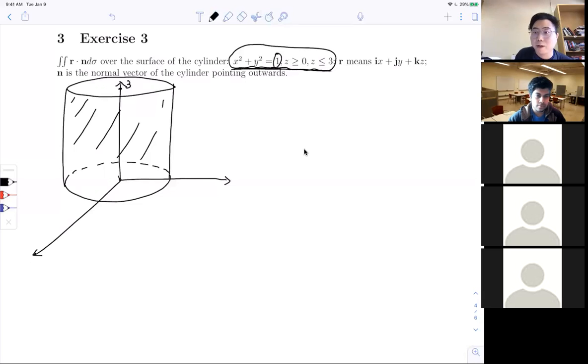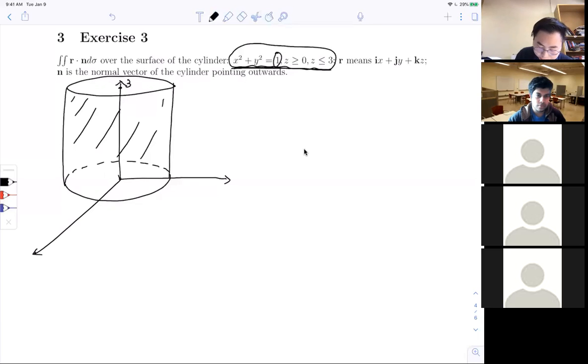Exactly right. For any point on the disk, x squared plus y squared is smaller than 1, so it's not on this surface. Oh, right. It's kind of tricky. You need to be careful when you determine the integration region.